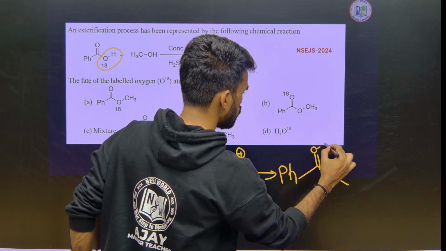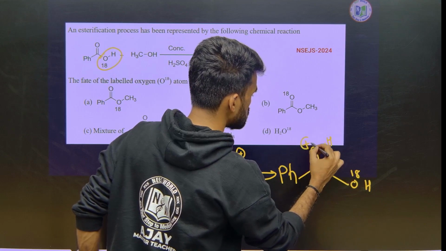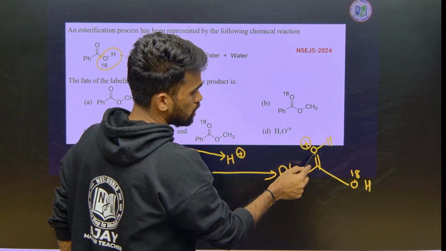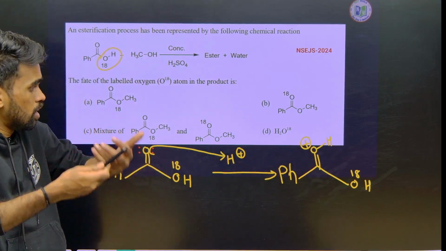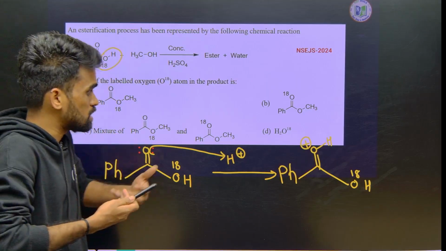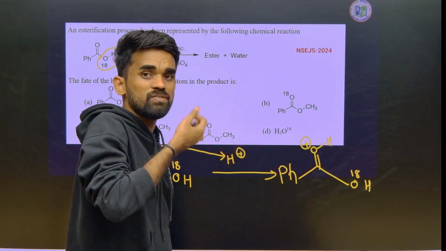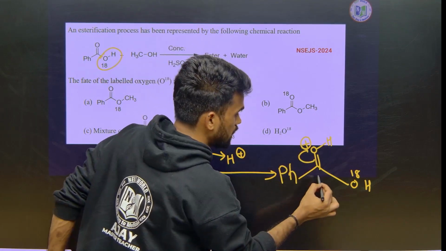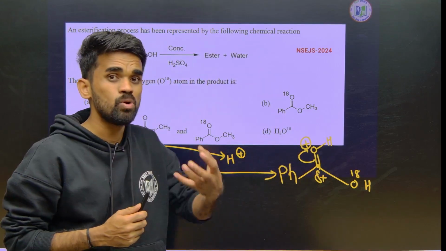O, H, O18, H, and this oxygen will have a positive charge. Due to the electronegative atom with a positive charge, it will have a more electron withdrawing nature. It will drag the pi electrons towards itself and create a partial positive charge on this carbon, which is now a more electrophilic center.